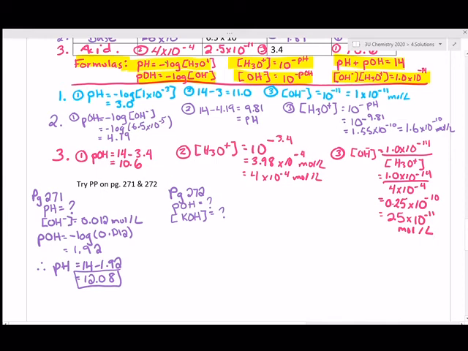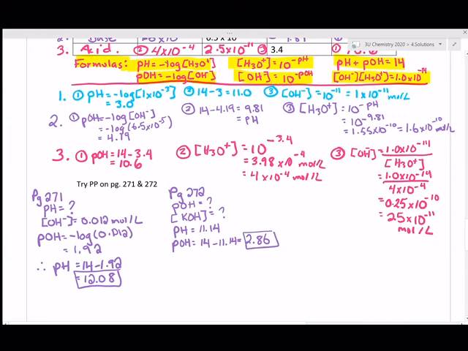What they've given is the pH. So pH is 11.14. The first one is the easiest to do, where we're going to get the pOH. It's going to be 14 subtract 11.14, which will be 2.86.